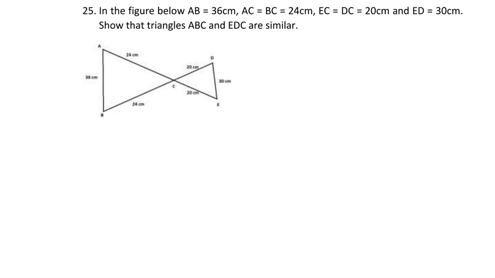Okay, so from this one, we have to remember that similar triangles have a constant ratio for all corresponding sides. Now, from the figure, using this concept, we can conclude that side AB over side DE should be equal to 36 over 30, which simplifies to 6 over 5.